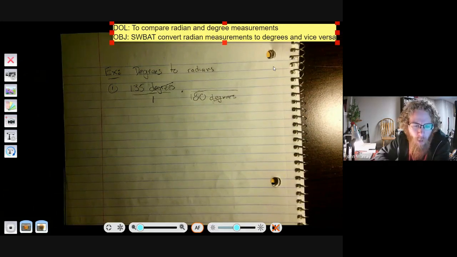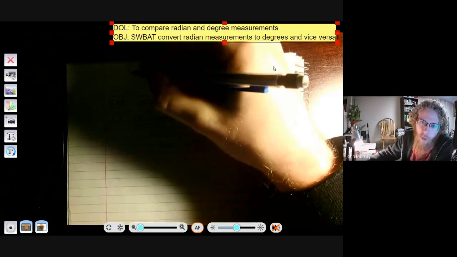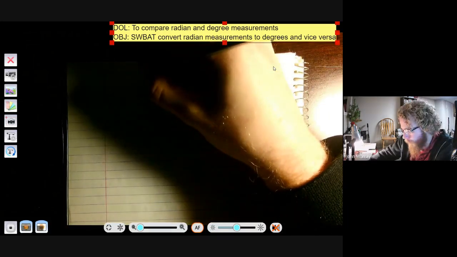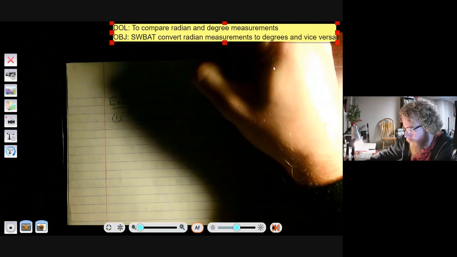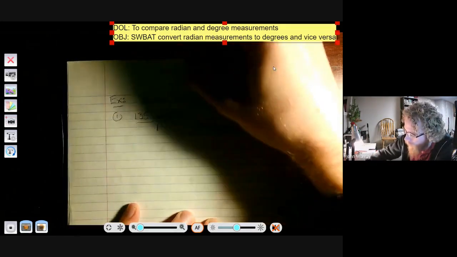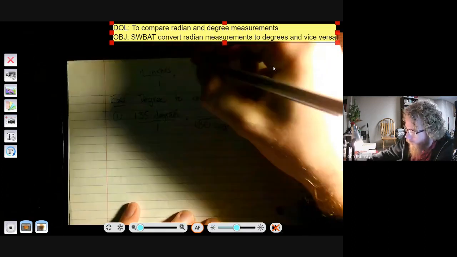but units work like numbers do. When you're converting something simple, if I want to convert 11 inches to feet, I do something similar. I put the 11 over 1.